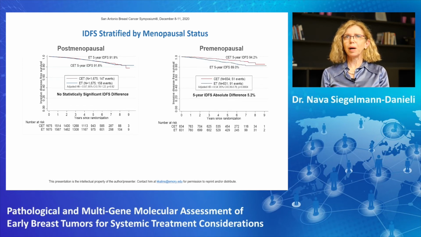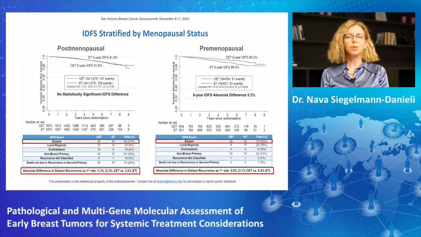But in the premenopausal patient, there was a significant benefit of adding chemotherapy with an absolute 5-year invasive disease-free survival difference of 5.2%. And here you can see for the postmenopausal patient, the number of distant metastases looks very similar, but for the premenopausal patient, it almost doubled without chemotherapy.